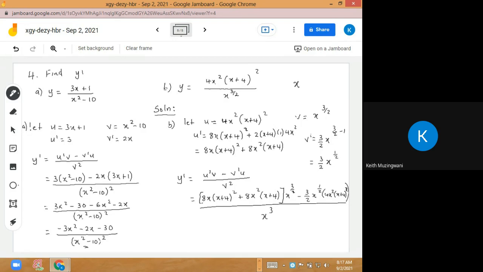Since when you multiply x to the 3 over 2, when you square this, these two will cancel, and you have x to the power 3. So we have this as y prime. We have used the quotient rule.